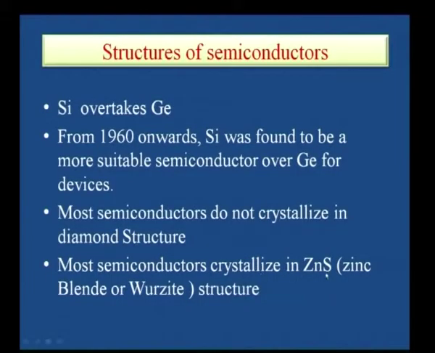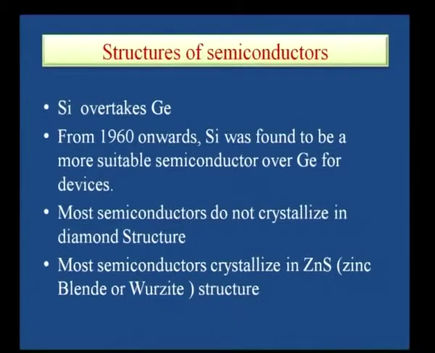Most semiconductors crystallize in the zinc sulphide structure, called either the zinc blende structure or the wurtzite structure. Therefore, as students of electronics, you should remember that most semiconducting materials crystallize in either the zinc blende or wurtzite structure, and to be more precise, most of them crystallize in the zinc blende structure.